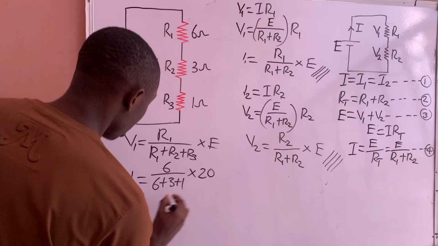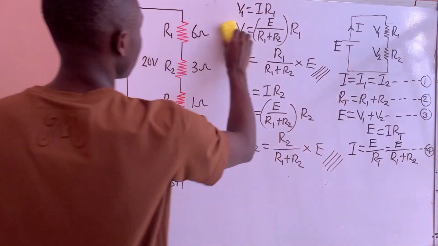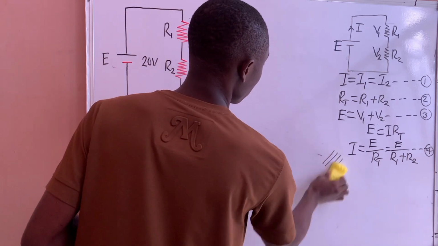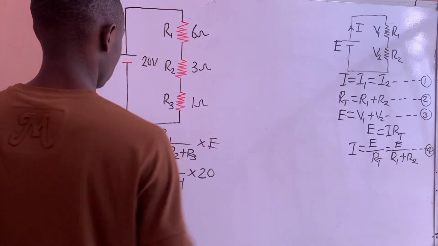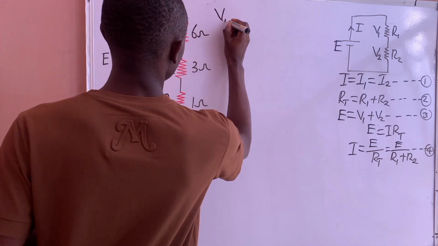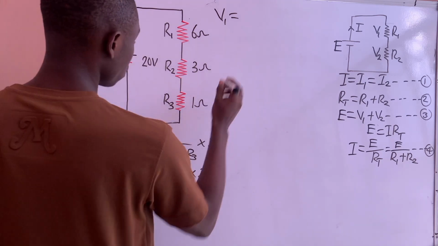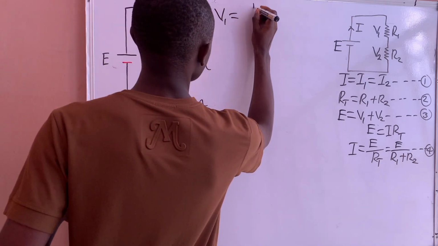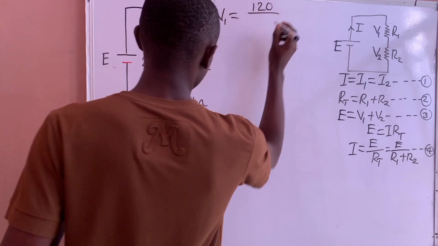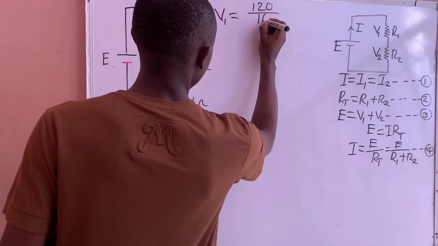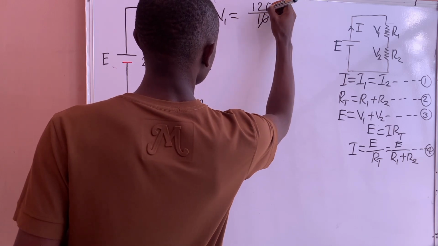So now V1 will be equal to, 6 times 20 will be 120, divided by 6 plus 3 plus 1, which is 10. So we take away this 0 with this 0.